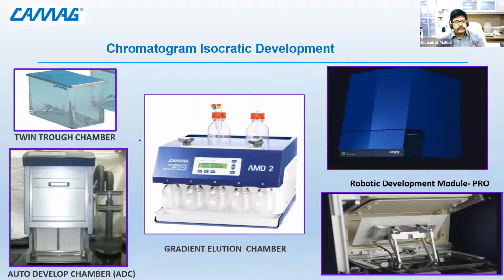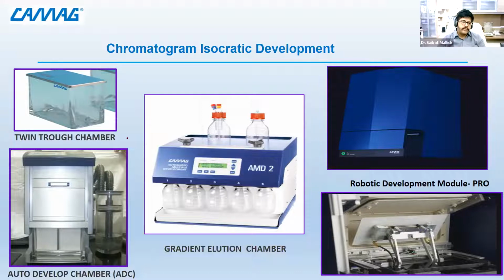As you see in the instrumentation we saw earlier, this is the twin trough chamber where we manually develop the plate. We place it at an angle. We'll see that in the demo part. Then we observe the plate for the development. Once the solvent front, the marking up to which the plate is to be developed, has been reached, you remove the plate and dry it, and then use it for further investigation and observe the results under the UV and scanner.